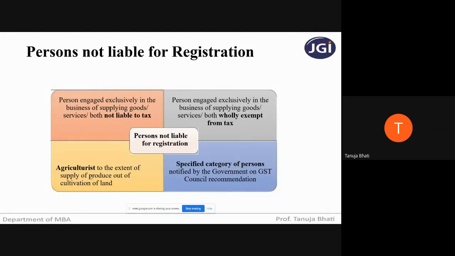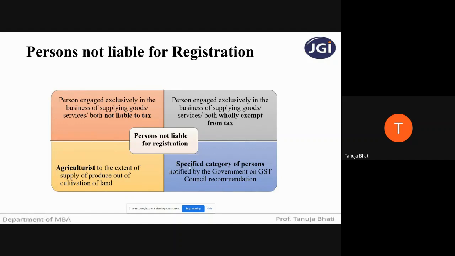These wages can be payable either in cash or kind. So either by hired labor, he himself or his family members helping him to cultivate the land. If he is selling any goods which are produced by cultivating the land, he is an agriculturist and he is not required or liable for registration under GST.